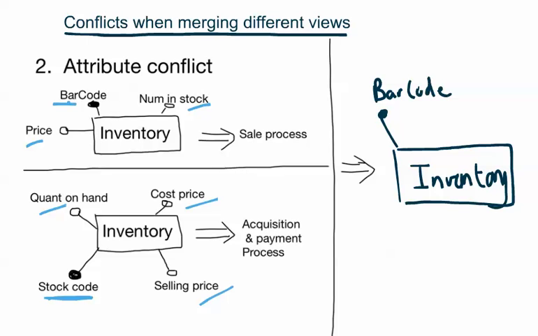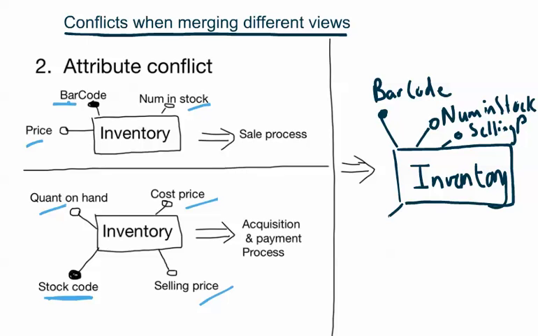key. And then we just start taking all the other entities, and we have the number in stock as an attribute. We have price, so now we must just decide what price did this team mean. So let's say they said, okay, it's the selling price.